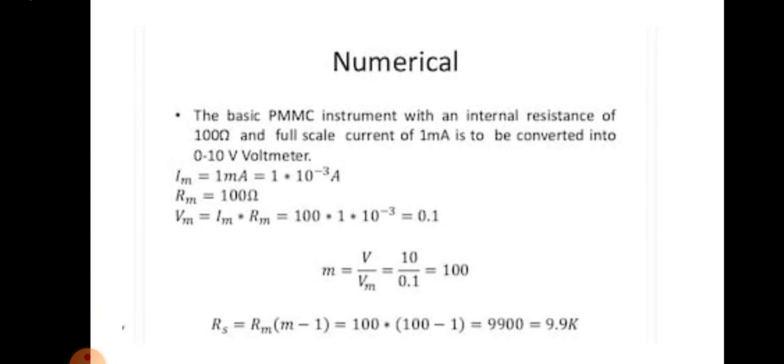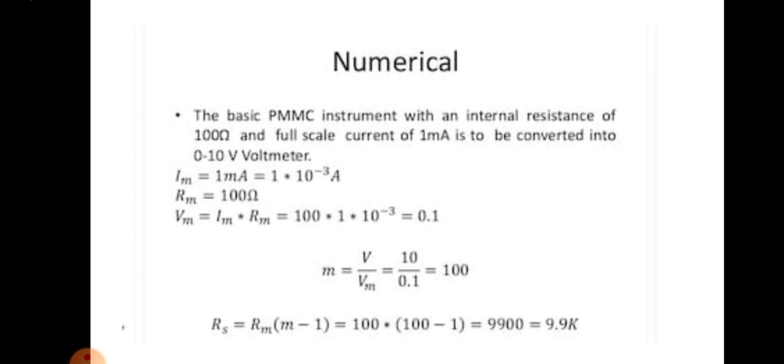Rm is given as 100 ohms. Vm is equal to Im into Rm, so 100 ohm into 1 milliampere will give 0.1. Now putting this value in M, that is V upon Vm, V is given as 10 upon Vm, which we calculated as 0.1. So after calculation we get the value of M as 100.